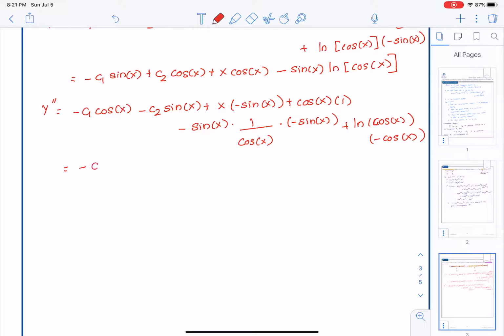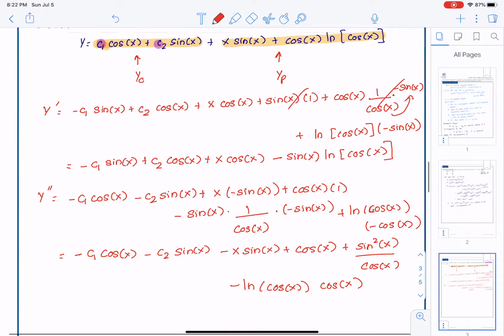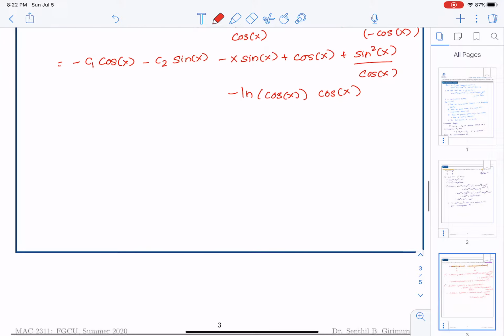So we have minus c1 cosine x minus c2 sine x minus x sine x plus cosine x plus sine squared x over cosine x minus ln of cosine x multiplied by cosine x. We take that and plug it in the original equation.